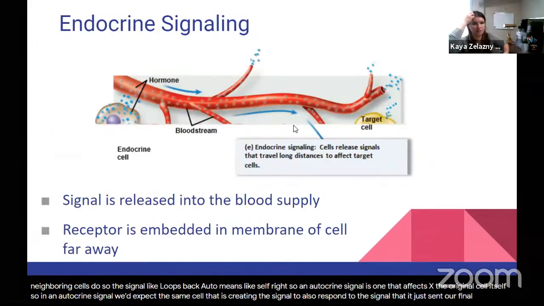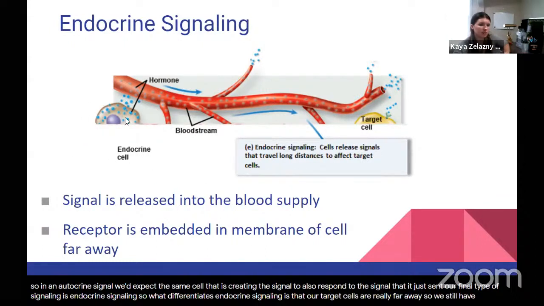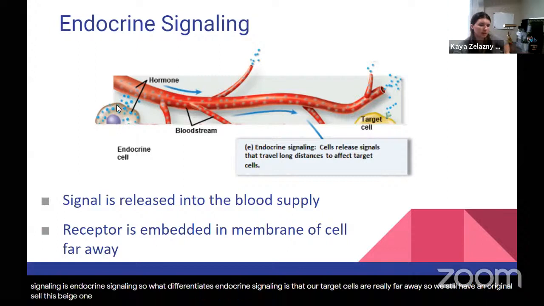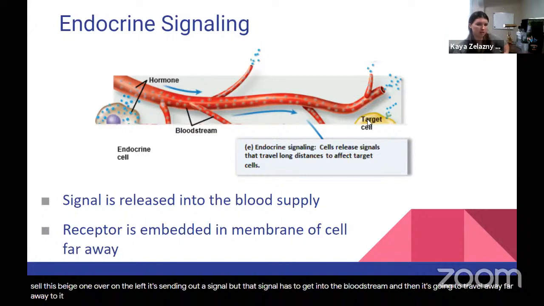Our final type of signaling is endocrine signaling. What differentiates endocrine signaling is that our target cells are really far away. We still have an original cell, this beige one over on the left. It's sending out a signal, but that signal has to get into the bloodstream, and then it's going to travel way far away to its target cell.